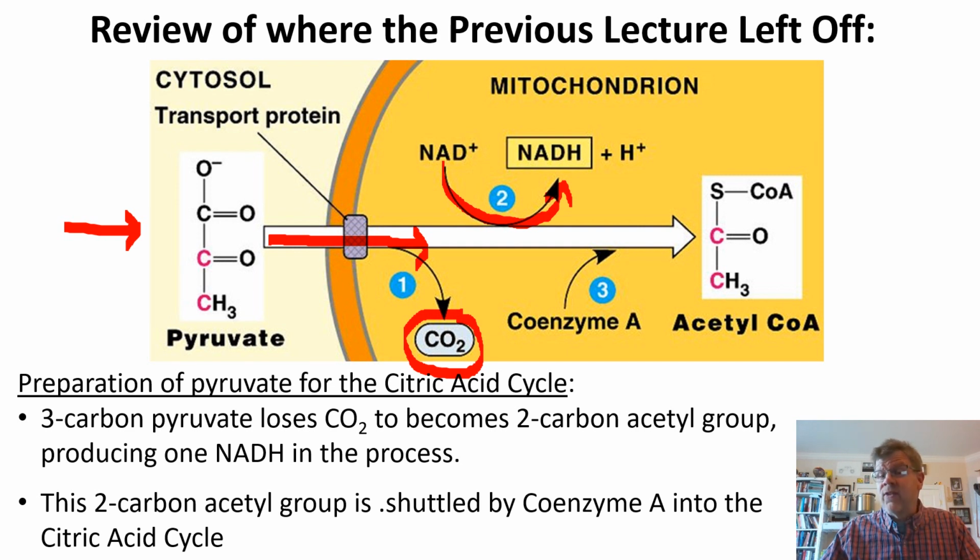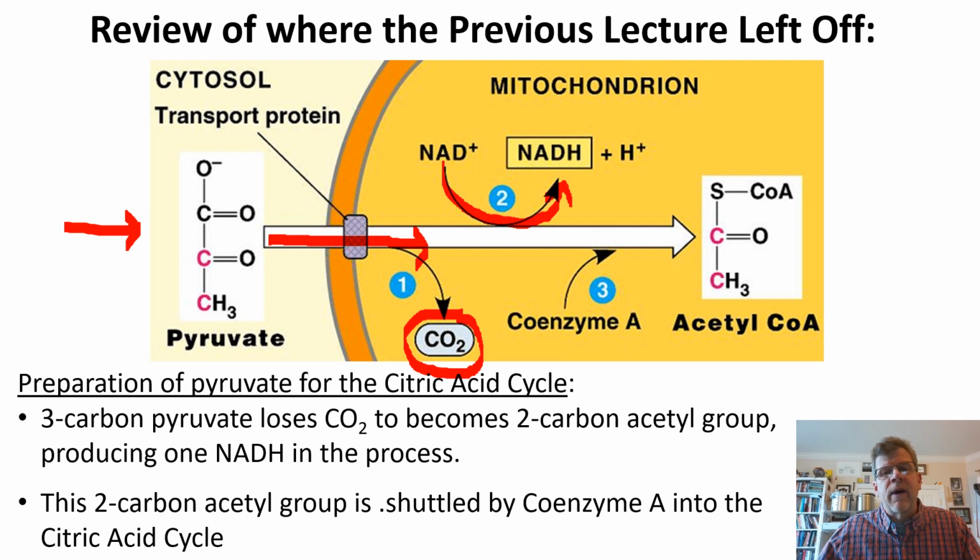In the citric acid cycle, the formation of NADH is great because that is eventually going to be used to drive the formation of ATP. So we've changed our paradigm here a little bit. Anytime we make NADH, that is a good thing because that is like an ATP IOU.